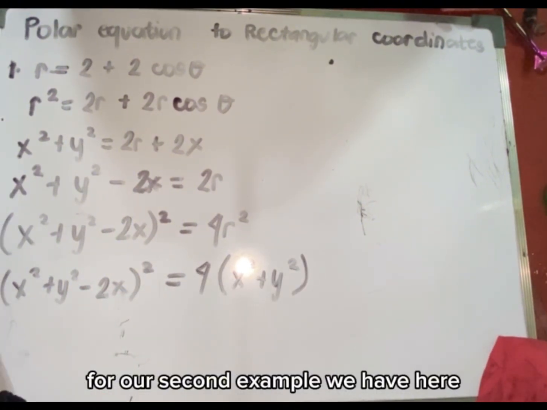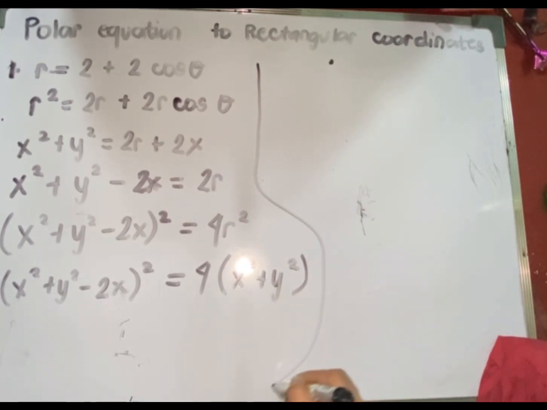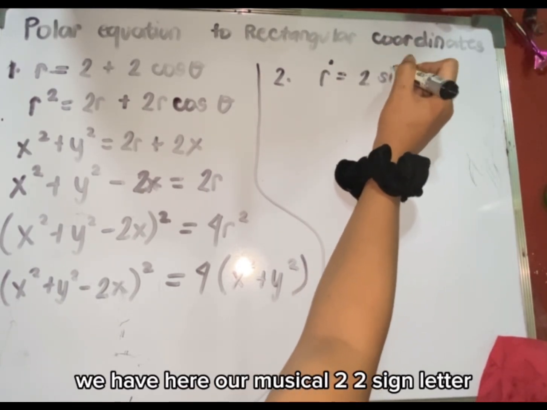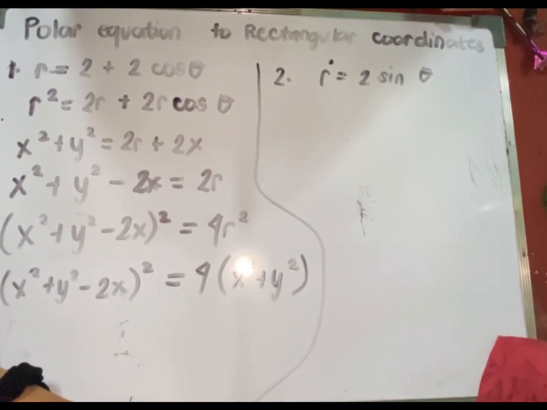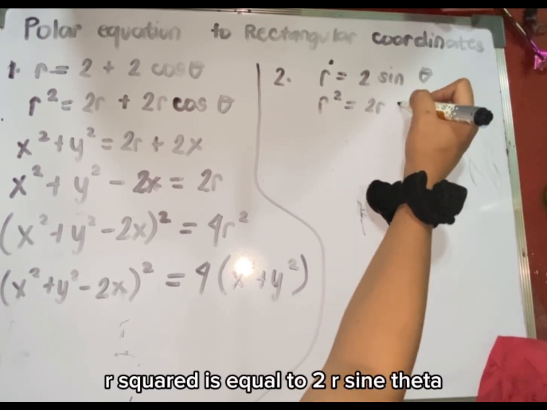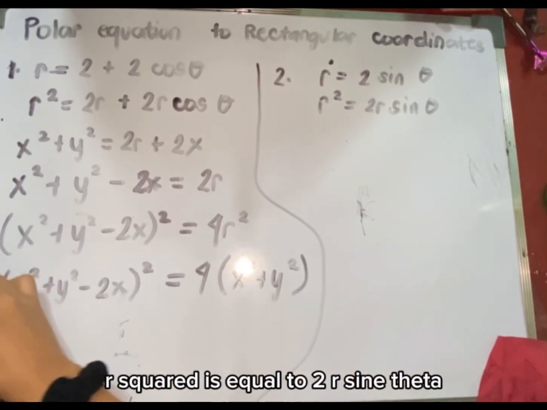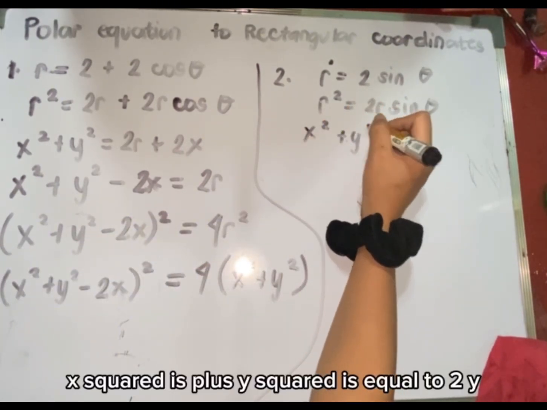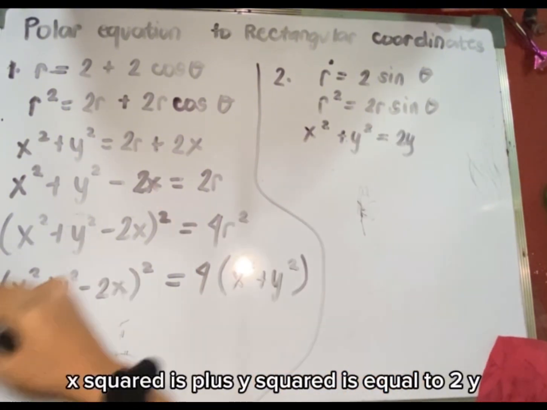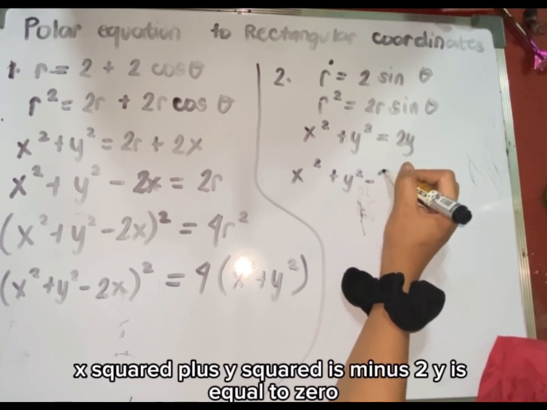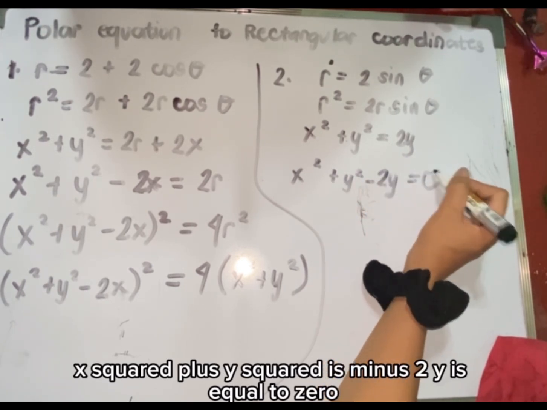For our second example, we have r is equal to 2 sine theta, r squared is equal to 2r sine theta, and x squared plus y squared is equal to 2y. x squared plus y squared minus 2y is equal to 0.